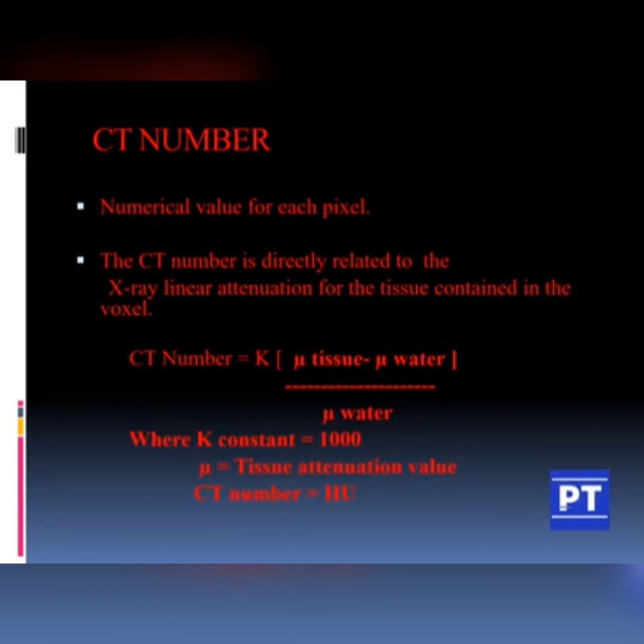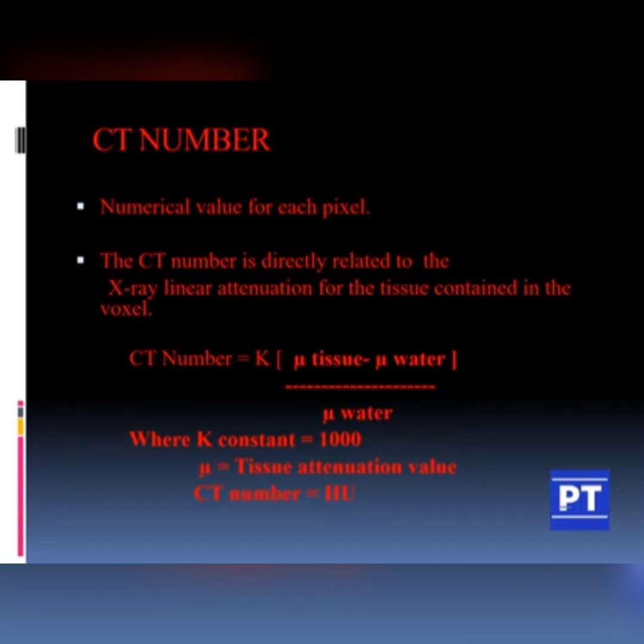CT number is the numerical value for each pixel. The CT number is directly related to the X-ray linear attenuation of the tissue contained in a voxel. So now you understand the importance of the linear attenuation coefficient in CT. How can it be calculated?